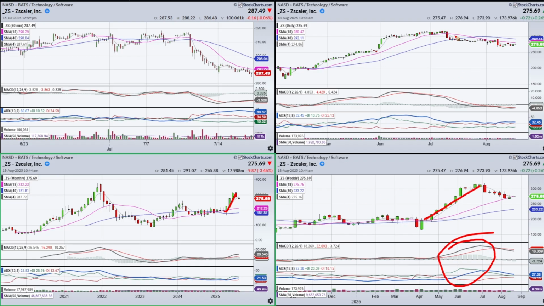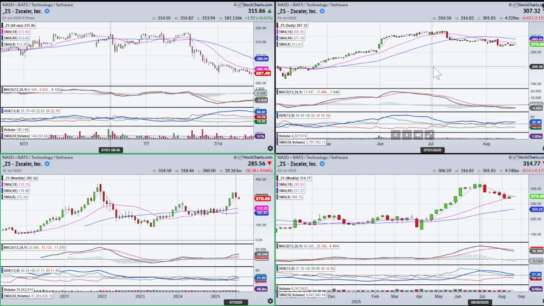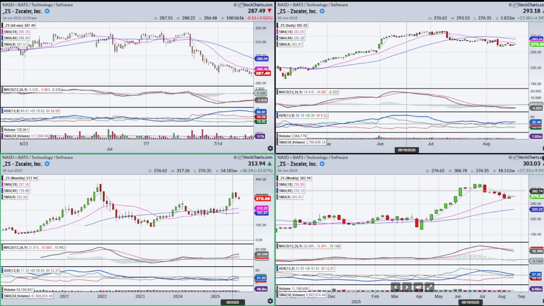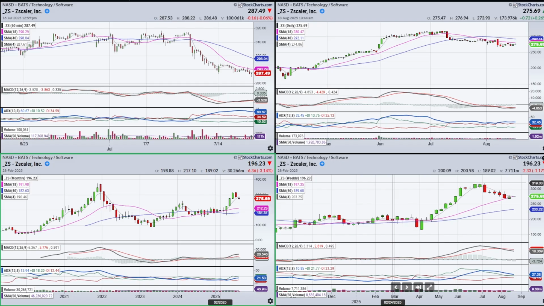You don't want to play counter trend in something that's so powerful where you put on a trade and within a minute or two you're stopped out because you're playing a tight stop in something that hasn't given off any signals yet. You have to be real patient when you're playing these trades. When they show up, then you pounce. You have to be one of these guys that can sit there and do nothing, and then the instant it shows up, you strike. It's a little more difficult from a psychological standpoint.